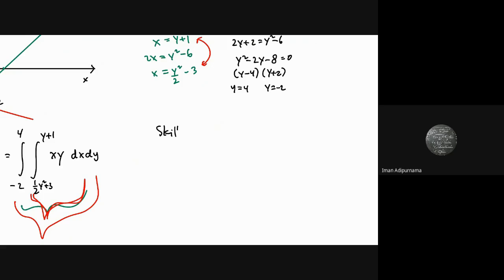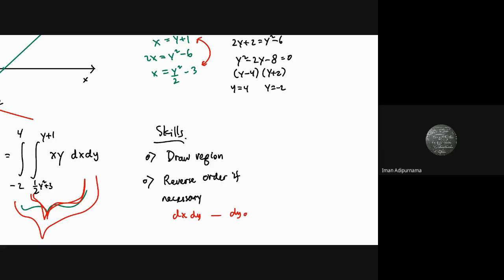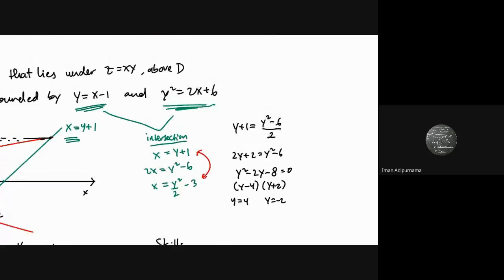So the necessary skills in this part of the lecture: first is to draw the region to see which one is the top boundary and lower boundary, right? And then reverse the order if necessary, dx dy. You need to choose which one is a better approach to calculate the double integral. Usually you can see from the boundary.